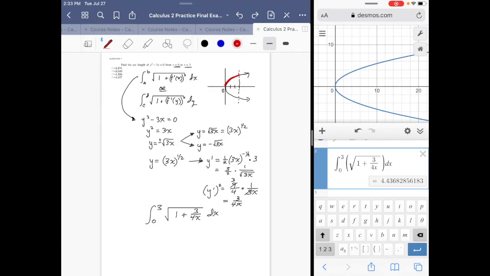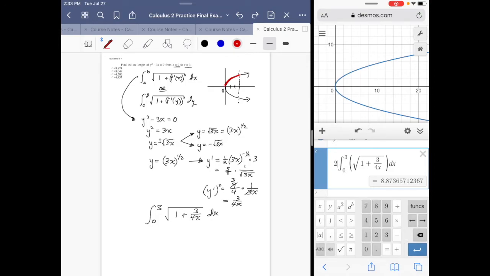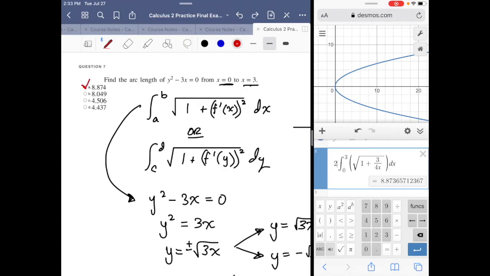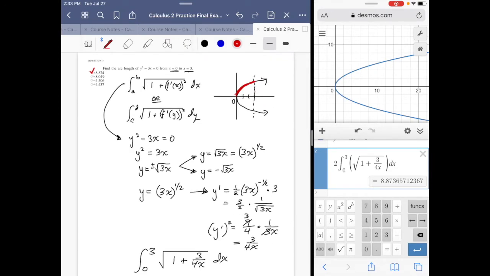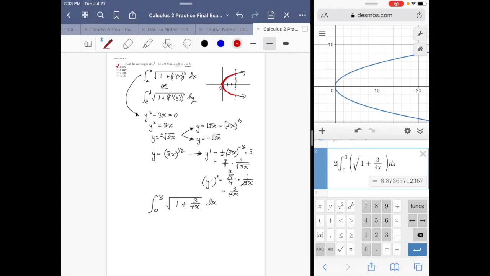However, if I double this, I get 8.874. So choice A is the appropriate one because we also have to account for this piece, because that's still part of the graph over the correct interval. They never specified that the original relation was that of a function. So we've got to be very careful about things like that. So we double this and we get approximately 8.874 units.